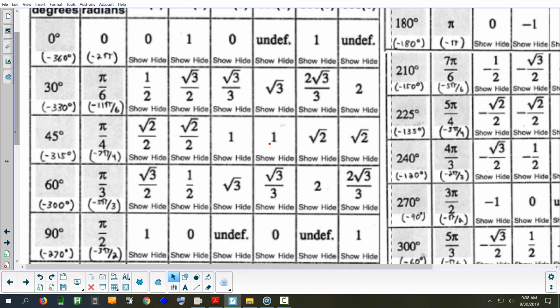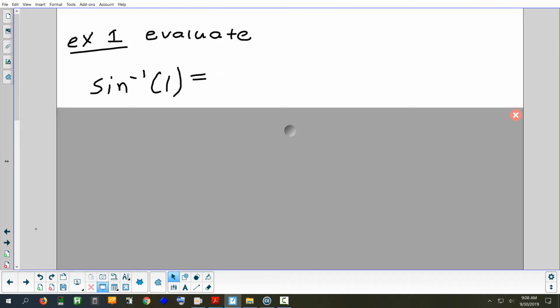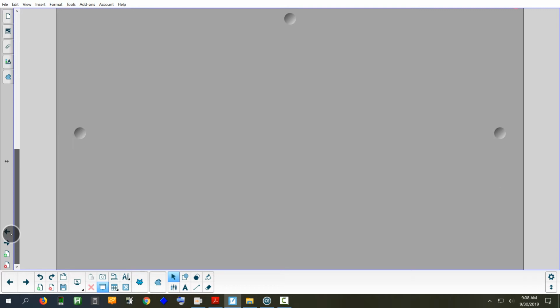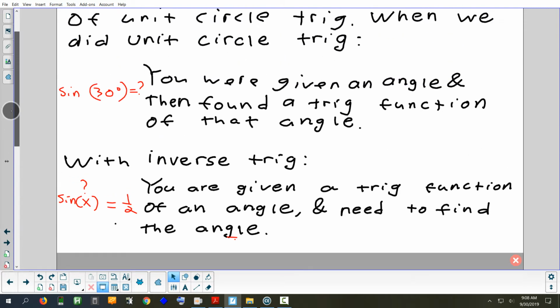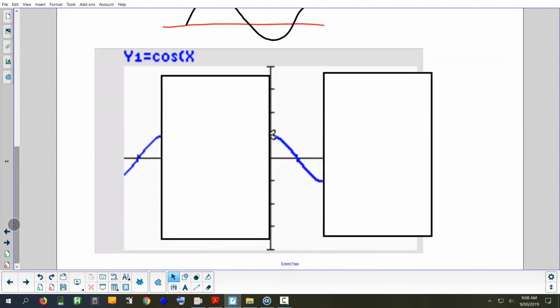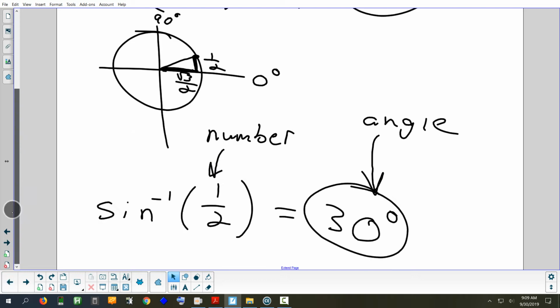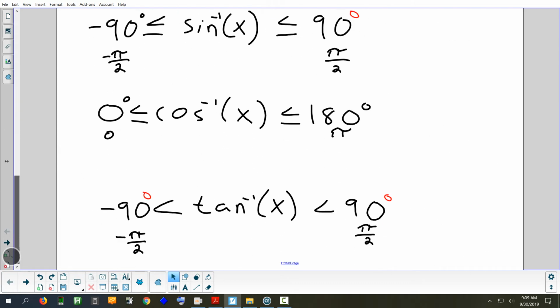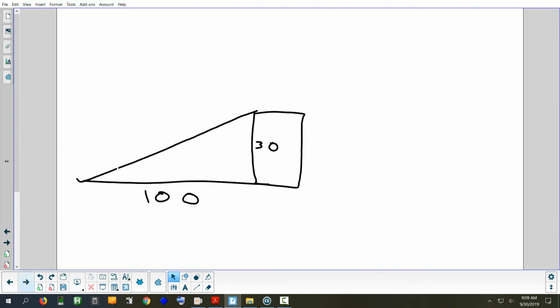That would be 1 divided by 0. Can't divide by 0 if we were writing out the coordinates and we did y over x. That's why it's undefined. Okay, we did that.